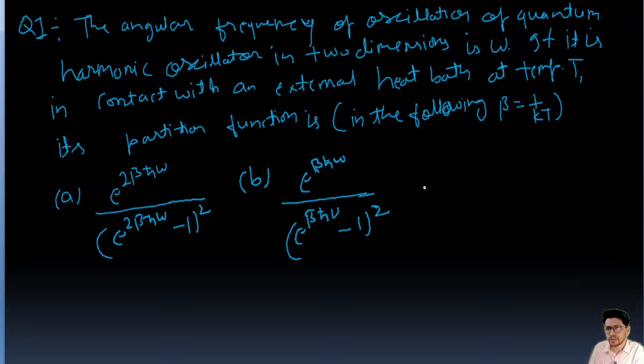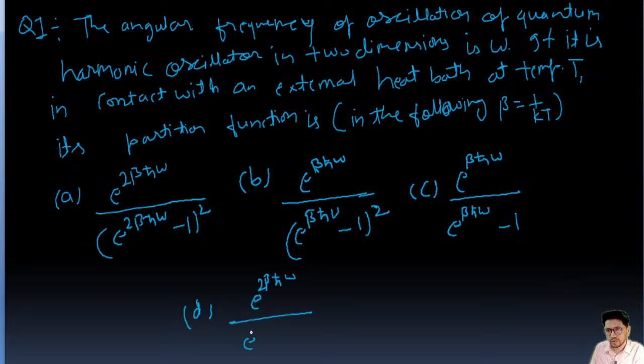Option C is e to the power beta h cut omega upon e to the power beta h cut omega minus 1, and option D is e to the power 2 beta h cut omega upon e to the power 2 beta h cut omega minus 1.